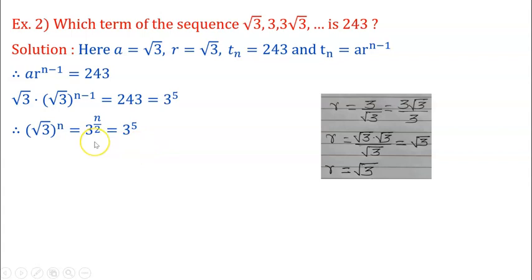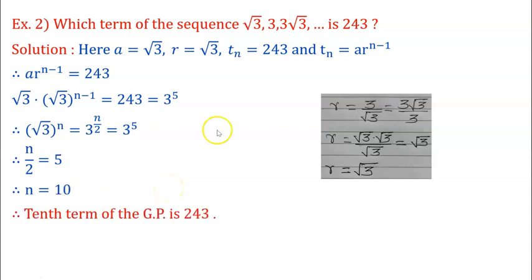Now equate their powers because the bases are equal. Therefore, n by 2 is equal to 5, and hence n is equal to 10. Therefore, 243 is the 10th term of the GP, and this is the answer.